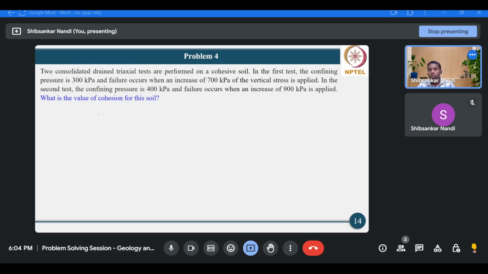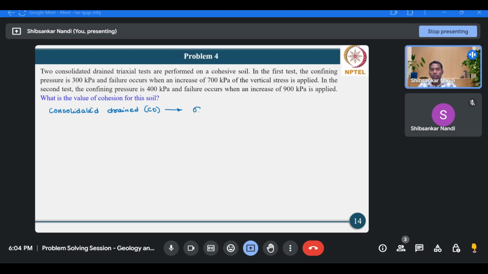So two CD tests are performed, consolidated drained. That means the drainage valve is kept open throughout both the phases, consolidation as well as shearing phases.